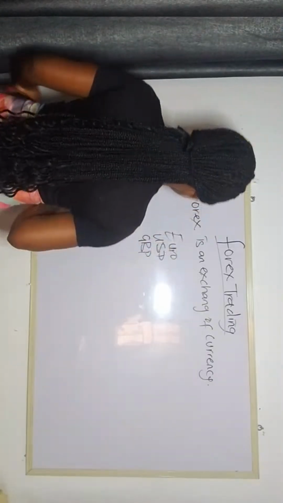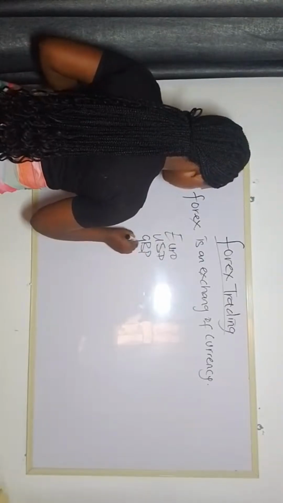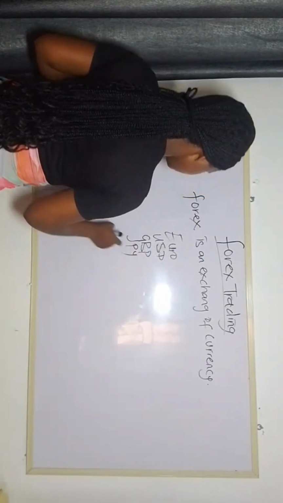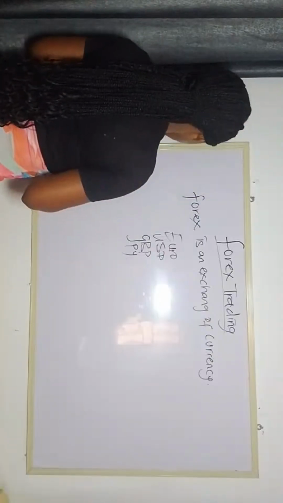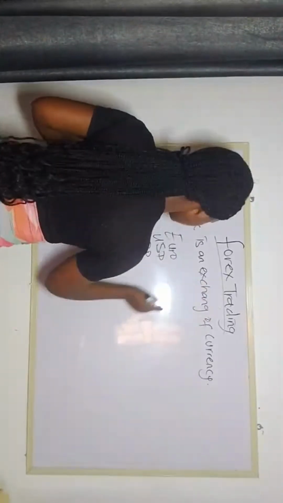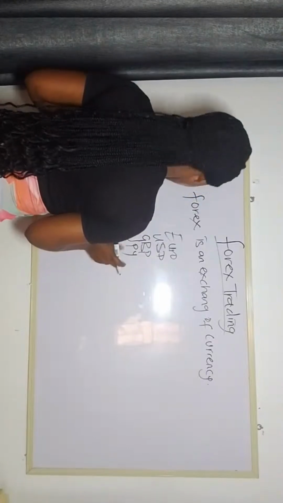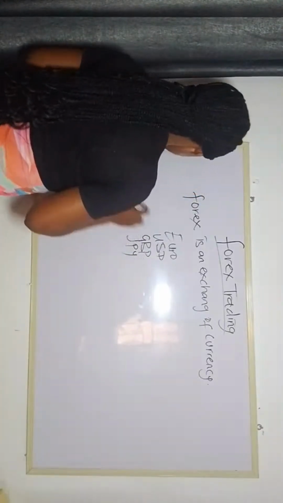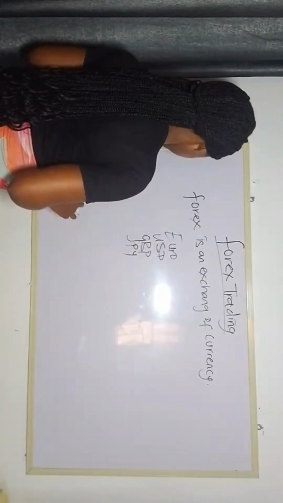And this is the euro, the European currency. And when you see JPY, it is the Japanese yen. So currencies, we have the euro, the US dollar, the British pound, and the Japanese yen.